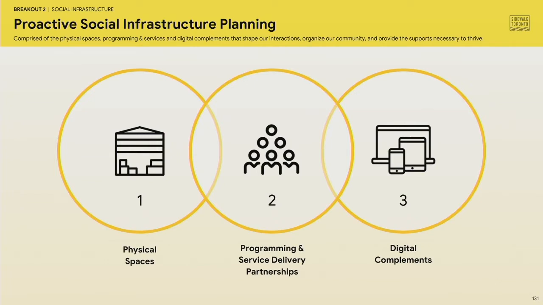And finally, we believe that there is a role for digital tools to complement these spaces and services. Community-focused technology can facilitate in-person meetings, support coordination of services, enhance access to services, and improve people's experiences. So let's dive into each of these 3 elements and some examples from our work to date.